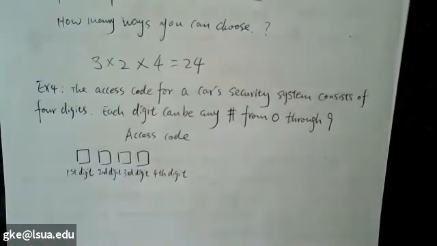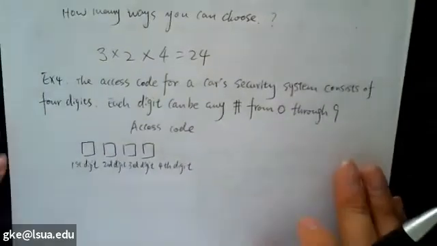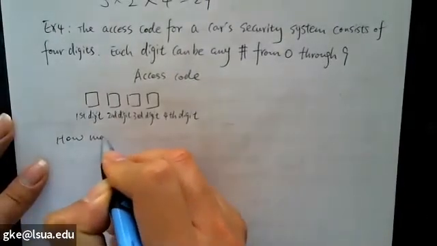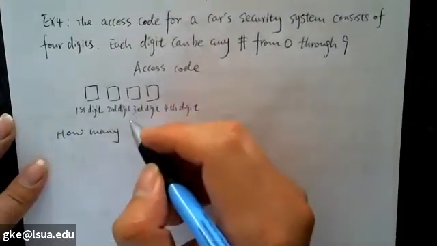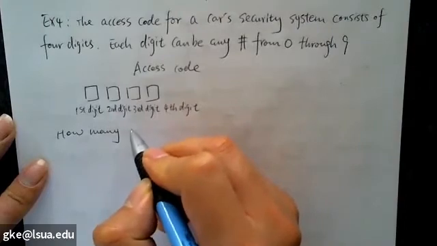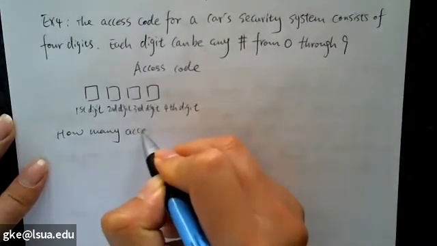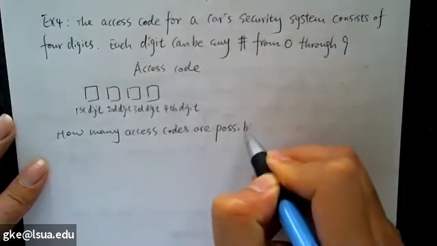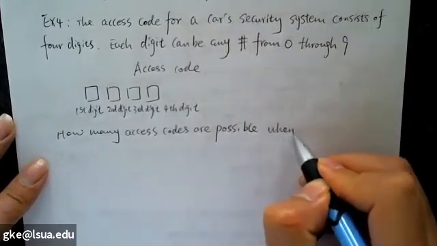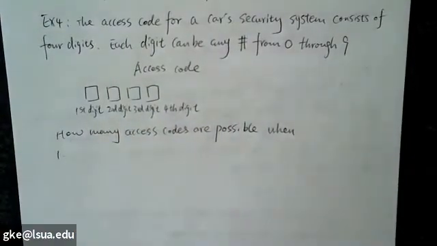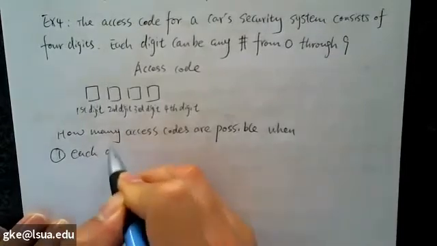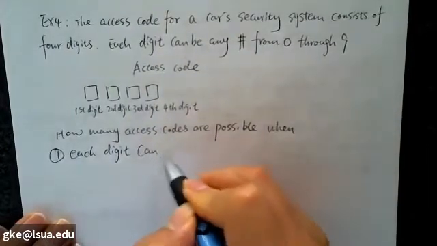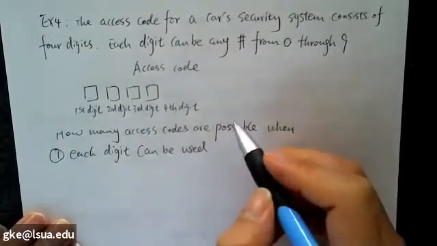And now, how many access codes are possible when each digit can be used only once?